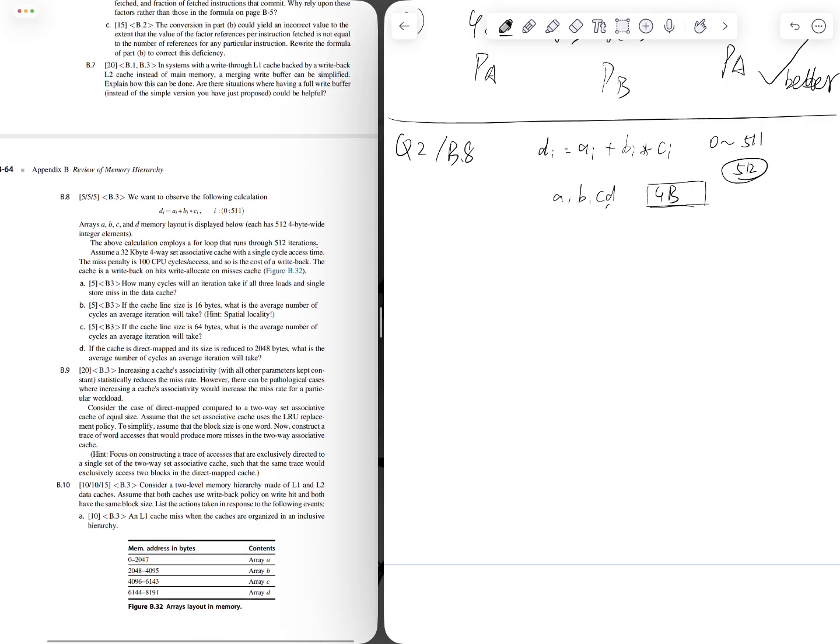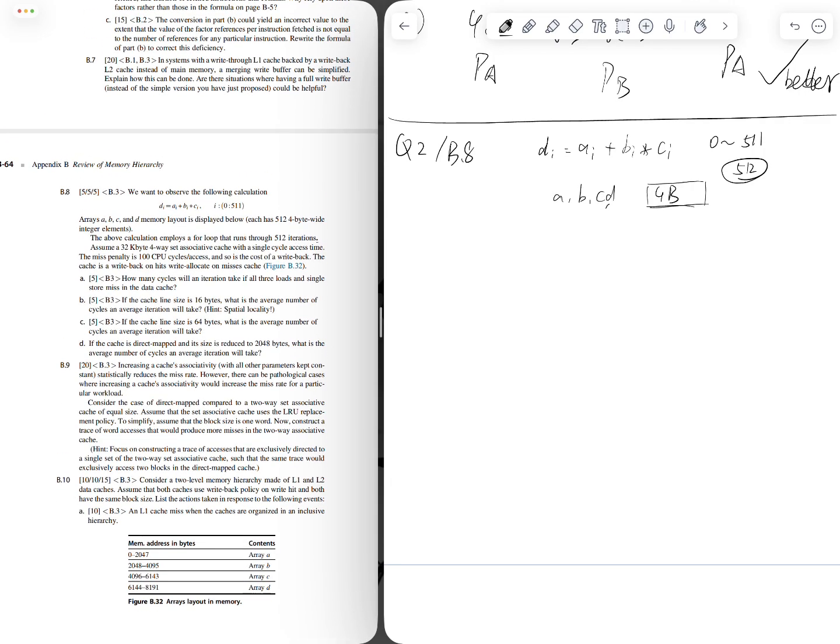Here is the table: 0 to 2047, 2048 to 4095, 4096 to 6143, and 6144 to 8191. Sorry, this is for each of the arrays A, B, C, and D.